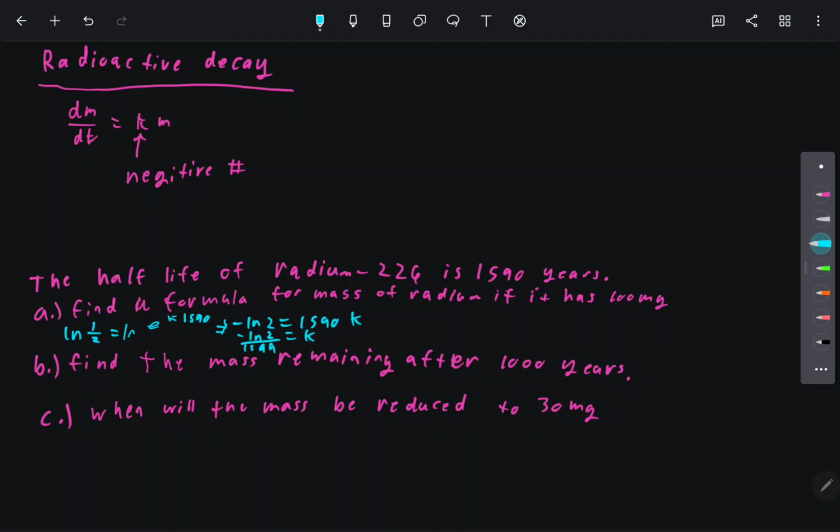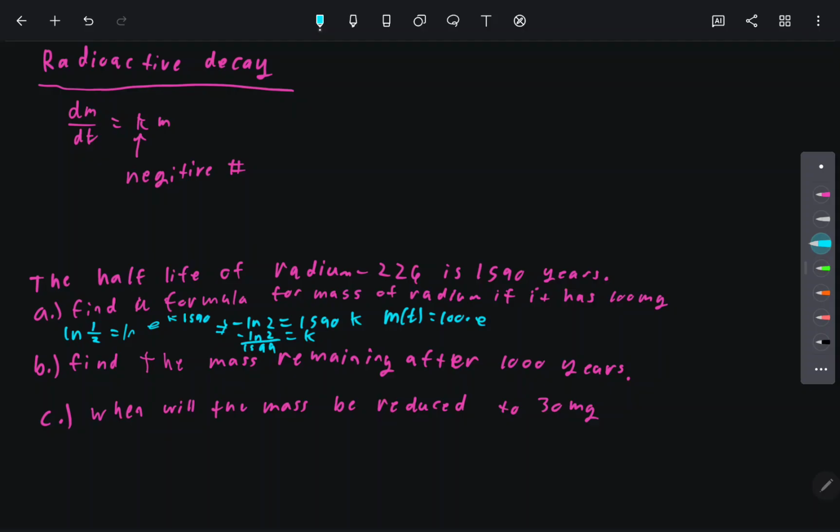Then what we can do is plug this into a formula. We know that the mass as a function of time is equal to 100 times e, and let's actually compute that value of k. It is a very, very small number here.